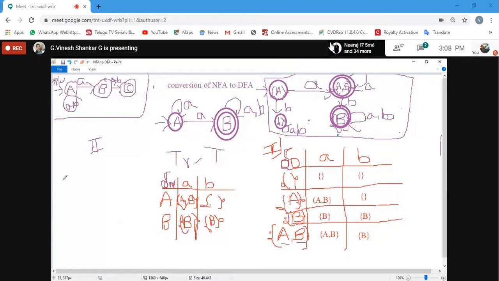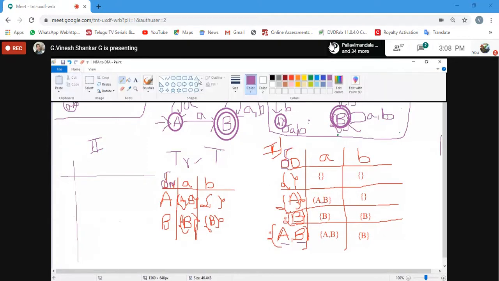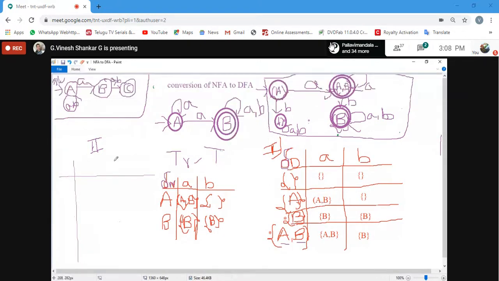See here. This is the table. It's the transition of D. Okay.